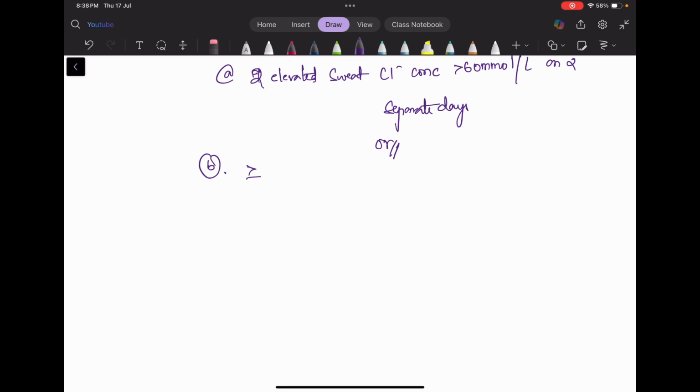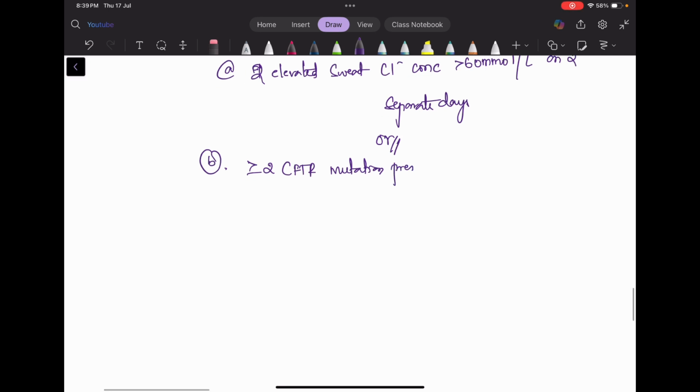Condition B may be more than or equal to 2 CFTR mutations present. I said, class 1, class 2, class 3, or even there are 10,000 mutations, around 10,000. So we can't remember everything, right? So we used to remember the most common, the second most common. Take that, if those two genes we discussed are present, or more than that present, mutation present.